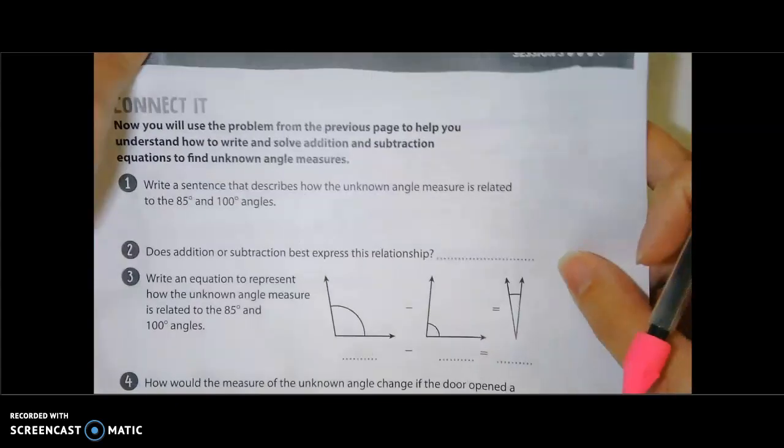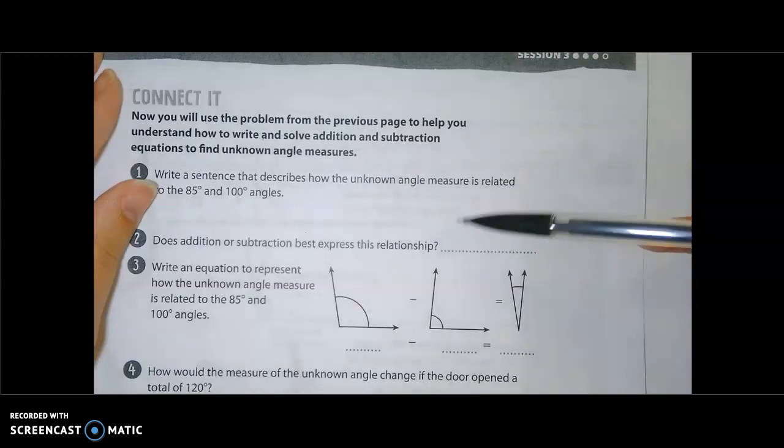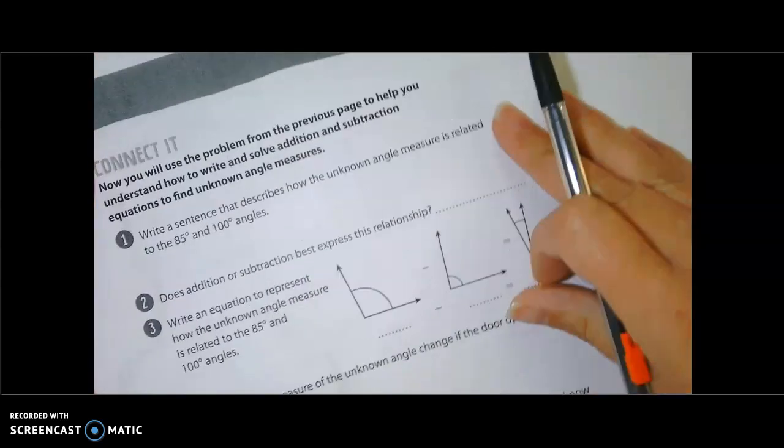So then we started talking it out. And so it said, write a sentence that describes how the unknown angle measure is related to the 85 degrees and the 100 degrees.